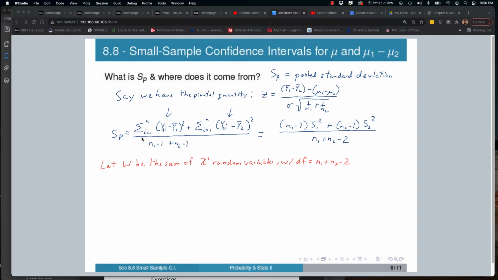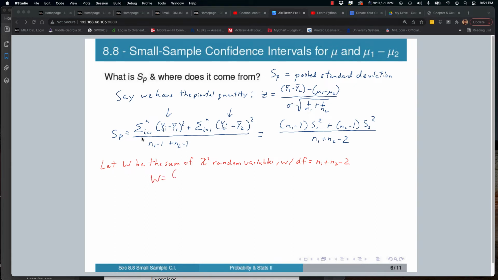All right. So what happens with w is we're pooling together the two standard deviations we see in the previous problem to get a chi-squared distribution, a chi-square random variable called w.